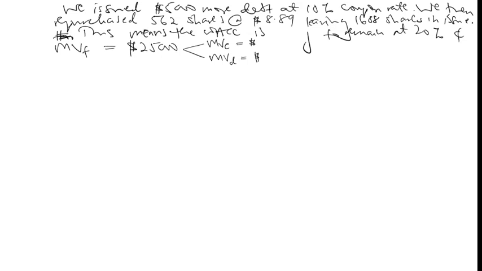Okay, this means the WACC is going to remain at 20%, and market value of debt, remember, is now 10,000. So which means here we expect equity to be 15,000.